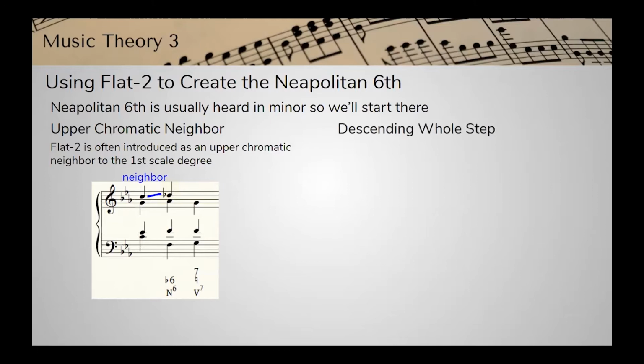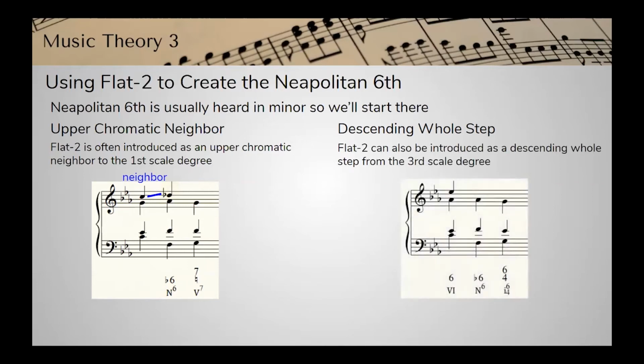Okay, another way to do it is to introduce the flat 2 as a descending whole step from the third scale degree. Okay, so normally this is the key of C minor. So normally the distance between the third degree and the second degree is a half step, but we can change that to be a whole step and create another smooth way of introducing the flat 2.